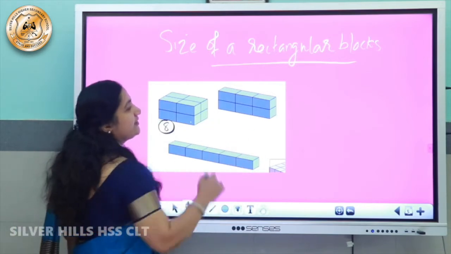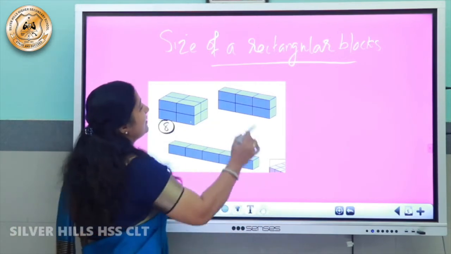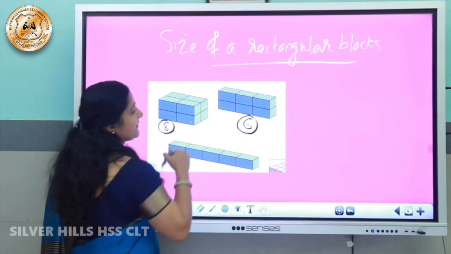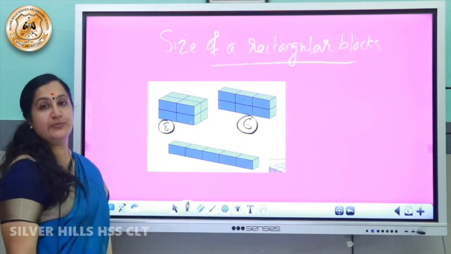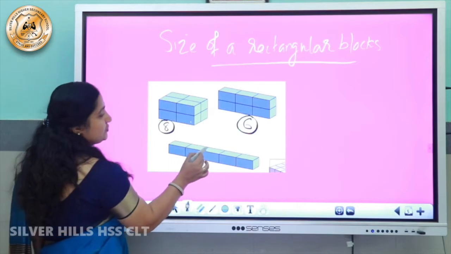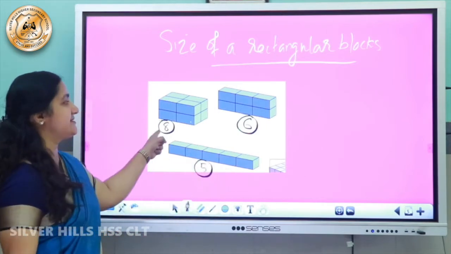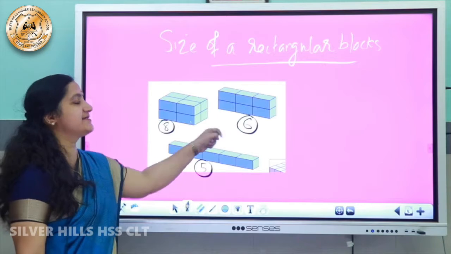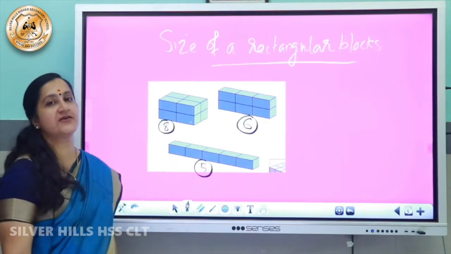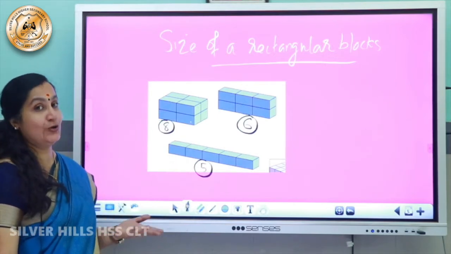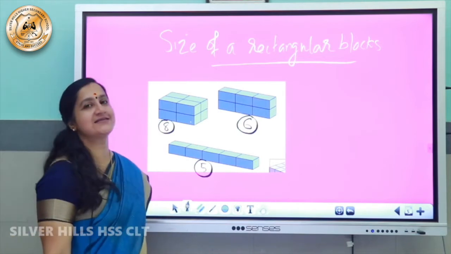What about figure number 2? 2, 4, 6. What about in figure number 3? 1, 2, 3, 4, 5. So, it has 8, it has 6 and it has 5. So, tell me children, which one is the bigger one? No doubt, the first one is bigger.